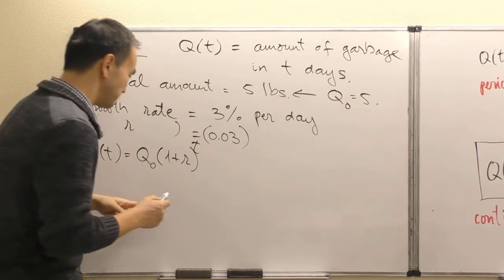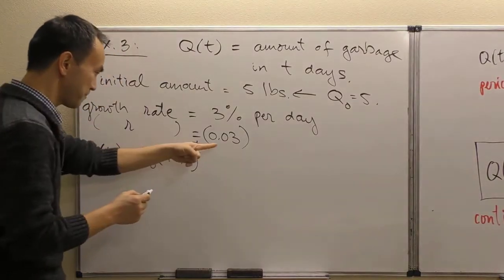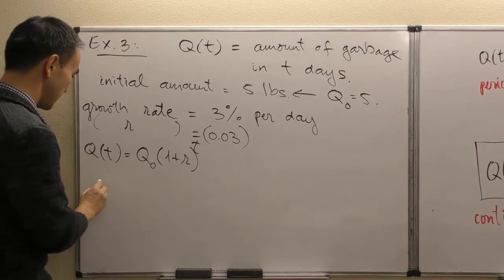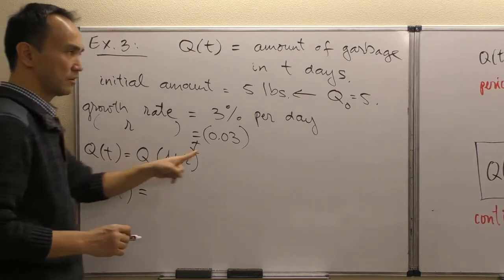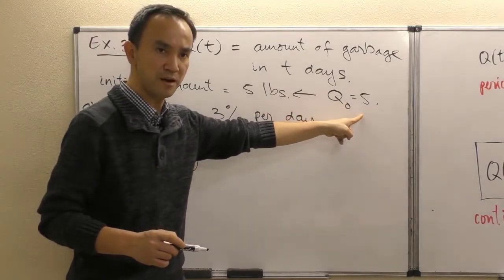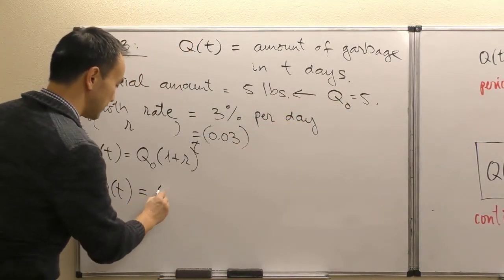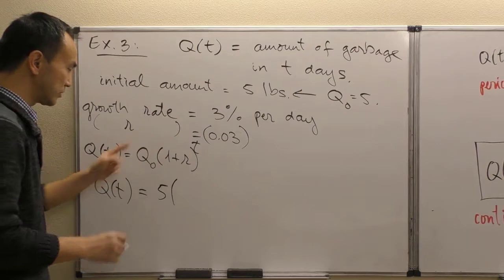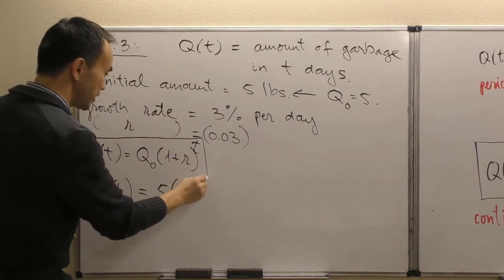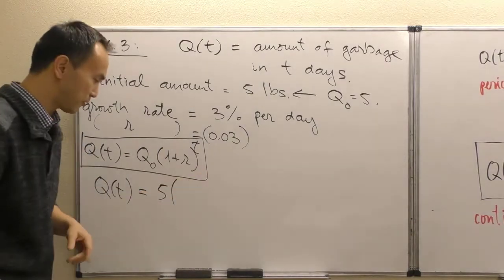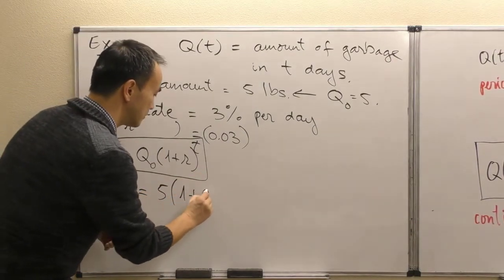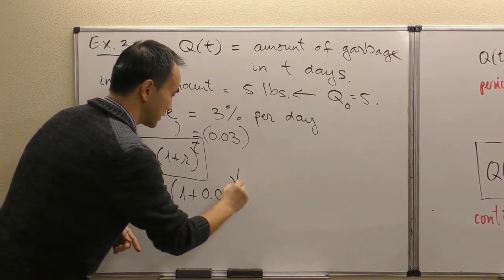All right, so now r is 0.03, raised to the t, so it comes out as easy as Q of t equals, this Q sub 0 is my initial amount, 5 pounds in the beginning. So now it's 5 times, according to the general setup that we have already learned prior to getting to this example, 1 plus 0.03 to the t.